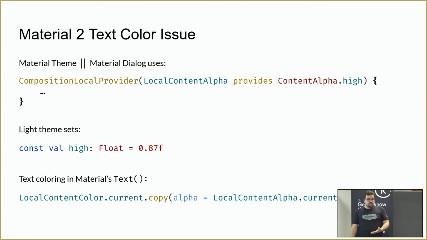So in Material, when you set the text color to black, it will automatically get lighter because of this content alpha. And this is an issue because our Orbit design system doesn't work with this, right? Our designers are saying, this is the color, we want specifically this color. This is in Material 2, it's not present in Material 3.